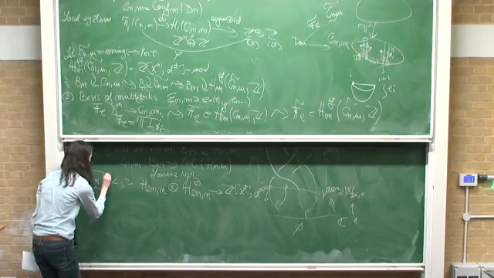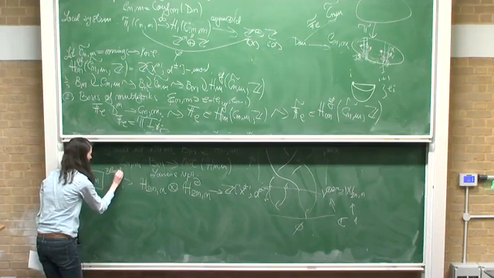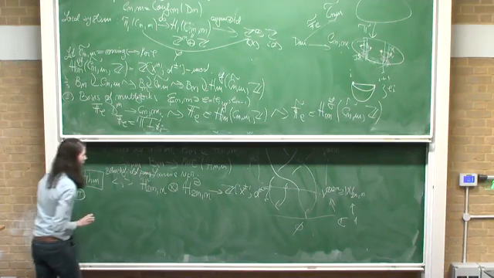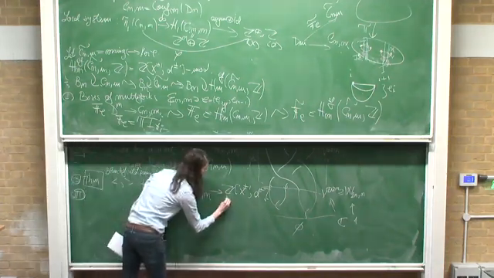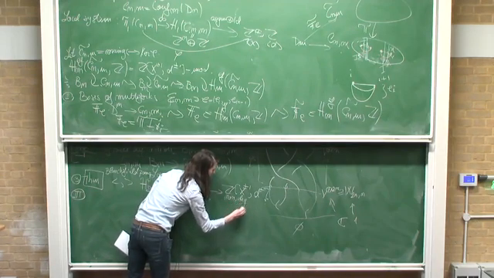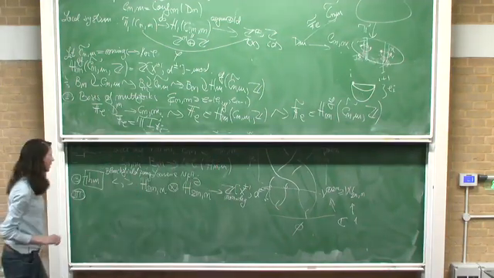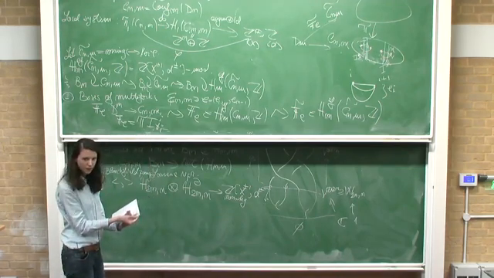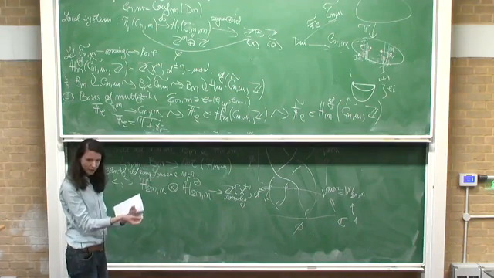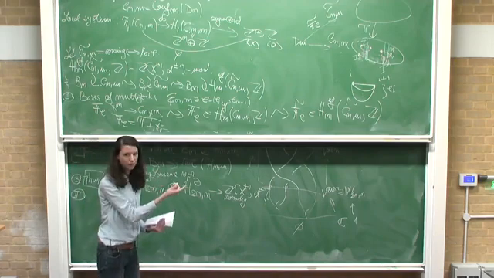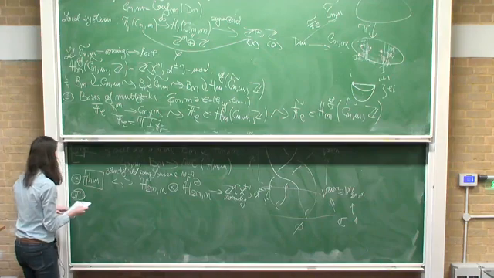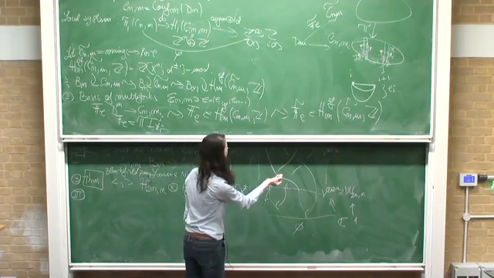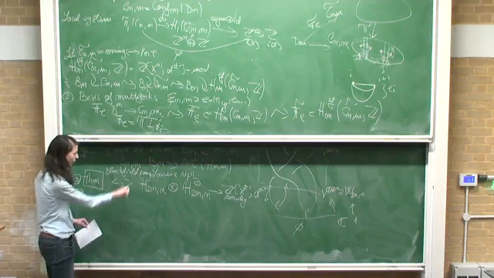This is a Blanchfield pairing, which is non-degenerate, I should say. Actually, we can think of this as a graded intersection in the configuration space, where the intersection is graded by the local system.